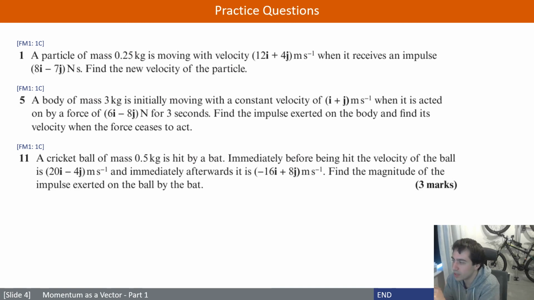Write out things properly, make it clear which things are vectors, which are not. Things are going to get harder, so you want to be able to distinguish things and get used to the notation accordingly. Cool, so have a go at those. You can pause the video, and when you're done, look up the answers in your book.